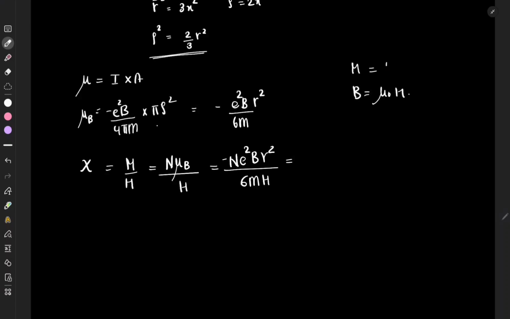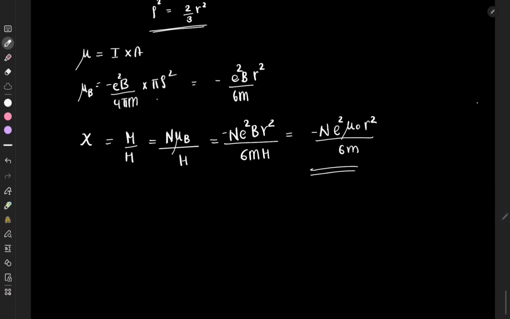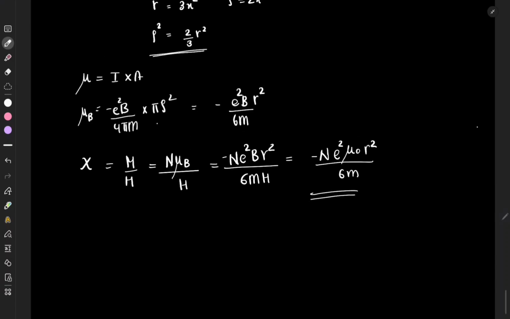M is n mu B, B is mu 0 H. Permeability is B by H. Susceptibility is M by H. So instead of B, we will substitute mu 0 H, and this time we get minus mu 0 n e square r square divided by 6m. So this is the classical Langevin equation for diamagnetism.